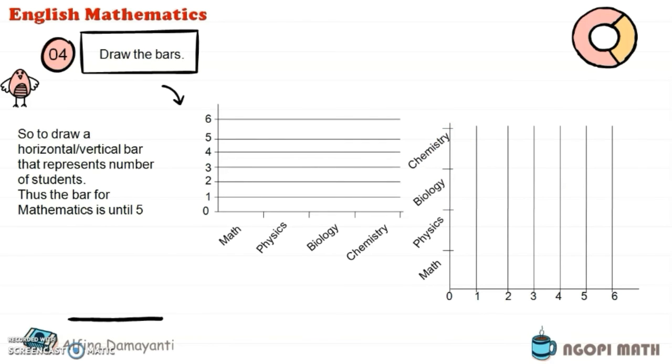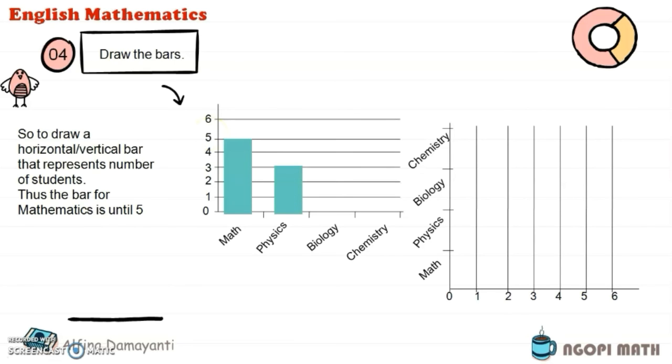Fourth, draw the bars. To draw horizontal or vertical bars that represent the number of students. For example, the bar for mathematics goes up to 5.